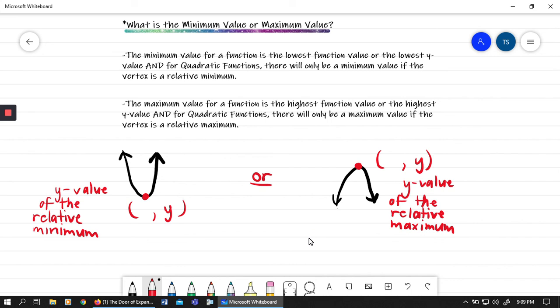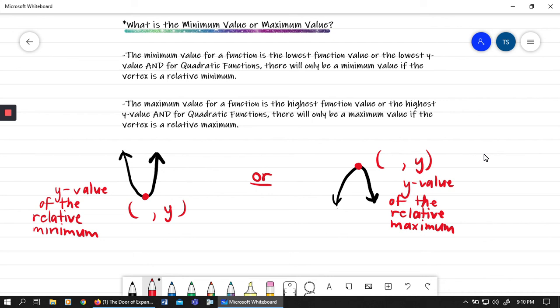And then we talked about again what relative minimums are, what relative maximums are, and how to identify whether or not you're going to have a relative maximum or relative minimum based on the standard form for a quadratic equation. Again, we look at that value of a, and if the value of a is positive, that means that it's going to be a relative minimum. But if the value of a is negative, that means that we're going to have a relative maximum.